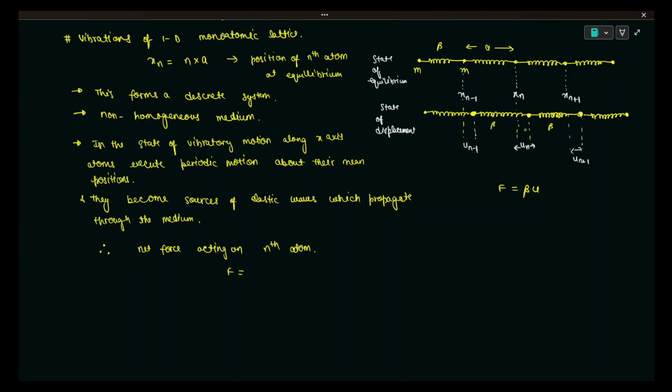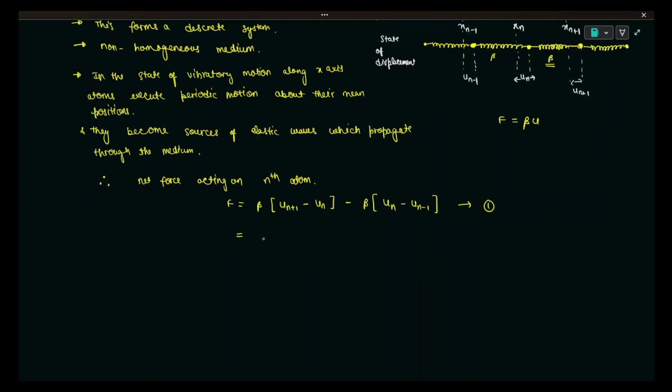In the first spring, the force will become beta times the net displacement, and the net displacement will be this displacement minus this displacement. So that is un plus 1 minus un, and then minus beta times the displacement un minus un minus 1.